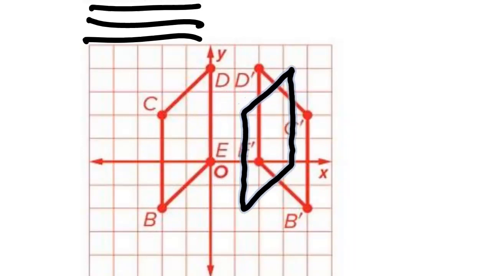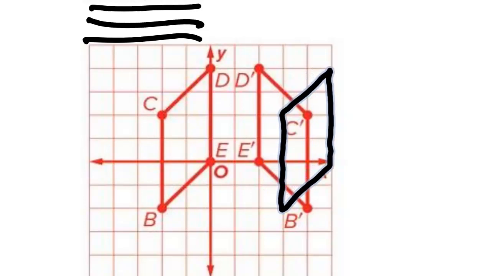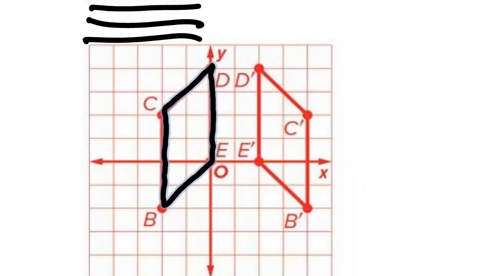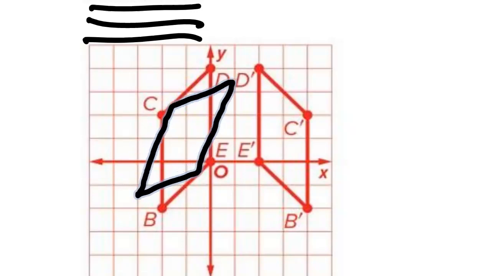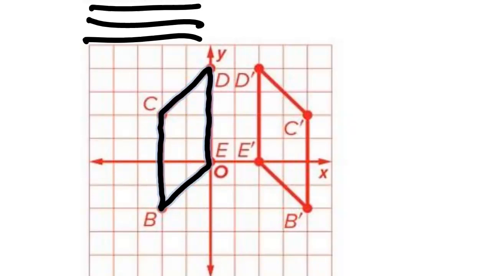Is this first one an example of a translation? No. Is it a rotation? Is it a twist? Can I twist it and make it match up? No, I can't make it match up with the other side over there. So if it's not a translation, it's not a slide, and it's not a rotation, this is a reflection.